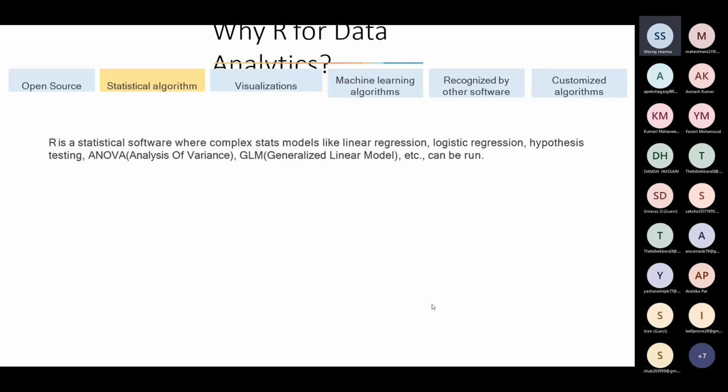I thought you are all aware of terminologies like linear regression, logistic regression, hypothesis testing, ANOVA, analysis of variance, GLM, generalized linear models, etc. All these statistical tools, or statistical models, can be run in the R language.